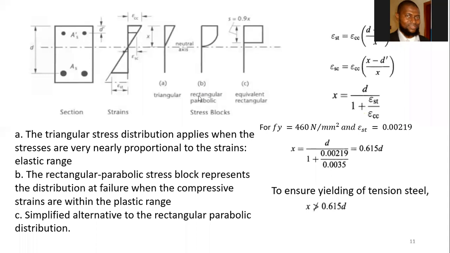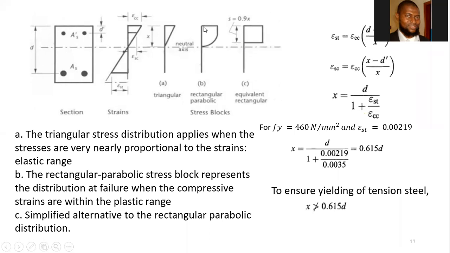Diagram B, which is rectangular parabolic, is the true stress diagram for concrete. It is a form of parabola, just like I showed you in the other figure. But because it is extremely complex and may be difficult to analyze, there is a need to convert this parabolic section into a rectangular section.